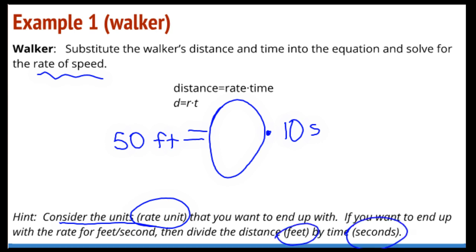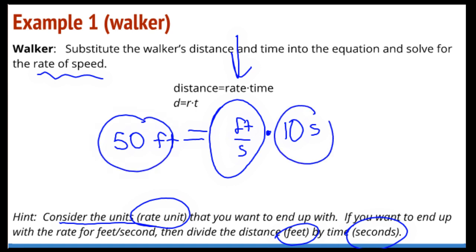So for example, if for my rate here I want to have feet per second, I need to take the feet and I need to divide it by the seconds. So I take the 50 feet and I divide it by the 10 seconds, and I find out that I have 5 feet per second. And that is the speed at which the walker is traveling, 5 feet every second.